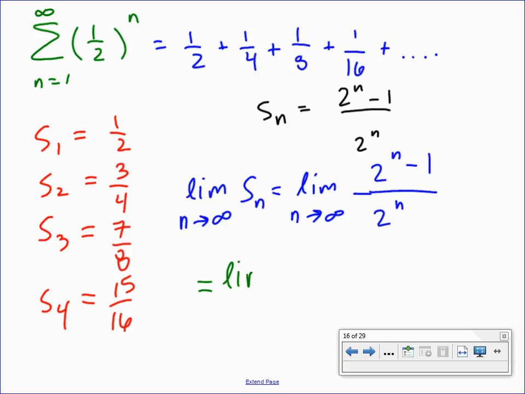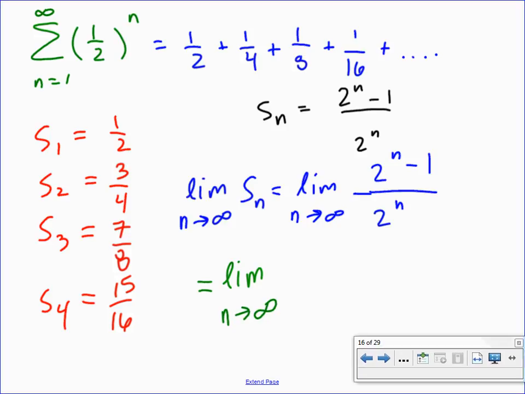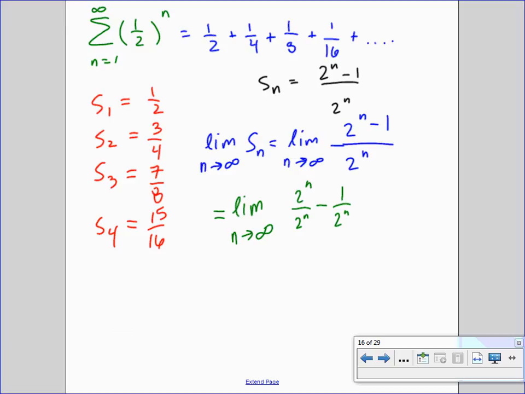Isn't this the limit as n approaches infinity of 2 to the n over 2 to the n minus 1 over 2 to the n? Which in turn is given by the limit as n goes to infinity of 1 minus 1 over 2 to the n.